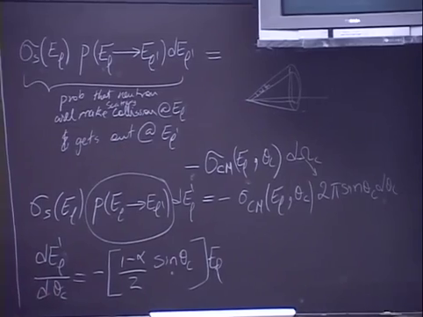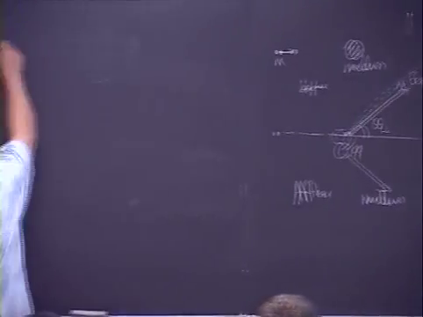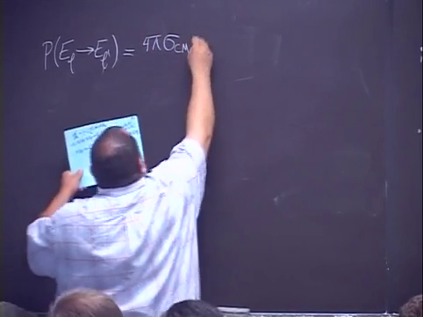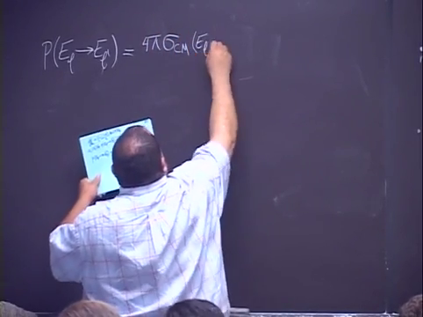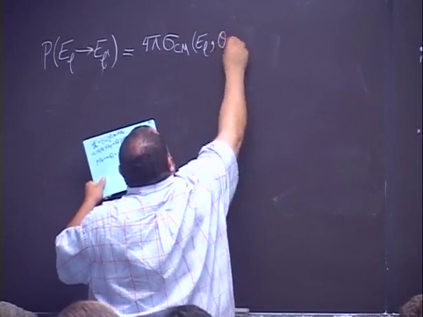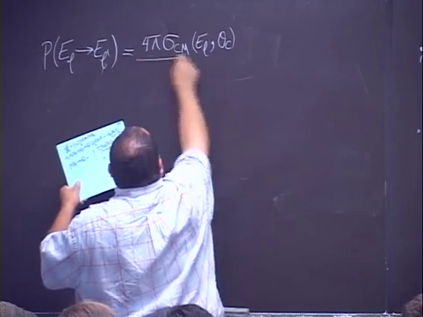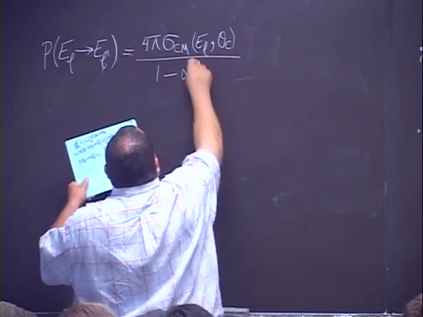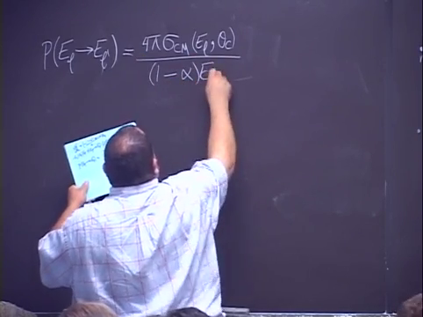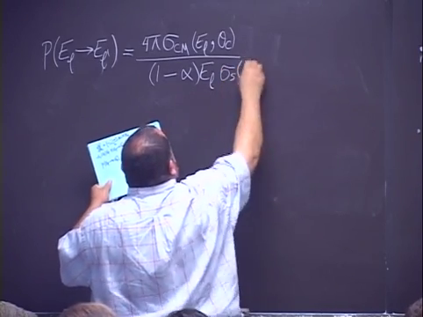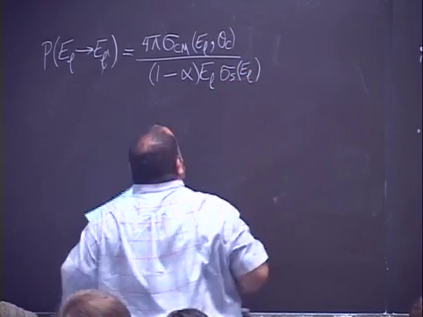So once you get this, you will get the following formula: 4 pi multiplied by sigma in the center of mass as a function of the energy before collision and theta, divided by 1 minus alpha multiplied by EL multiplied by sigma scattering in the lab system as a function of EL.